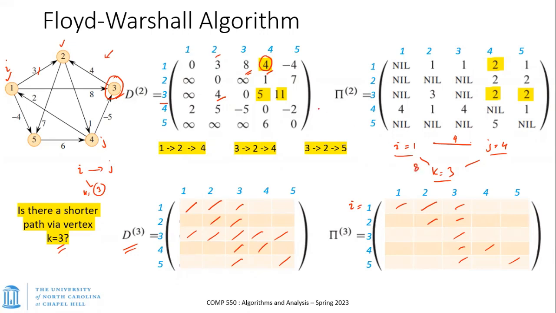That's an 8. And 3 to 4 would be a 5. So 8 plus 5 is a 13. And so hopefully you got that 4, we already have a shorter path going directly. Okay, so that hasn't changed.